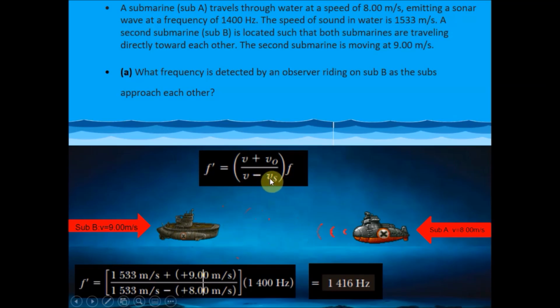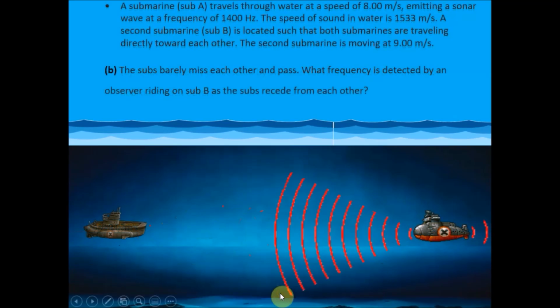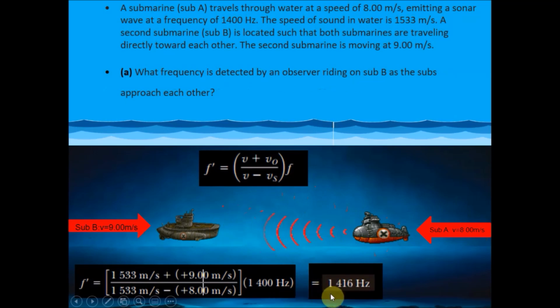Here we're looking at the velocity of the observer, here the velocity of the source. These two are moving towards one another, so we'll have positive on the top and negative on the bottom. Multiply this by the 1400 Hertz, the base frequency of our submarine, and we end up with 1416 Hertz. Not a large change in this particular case.